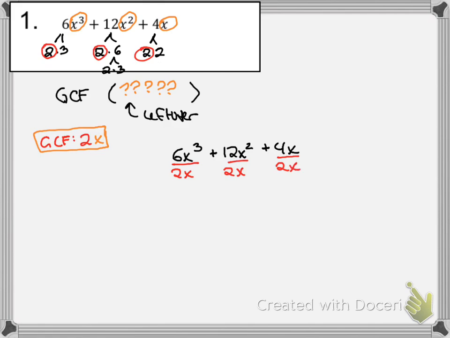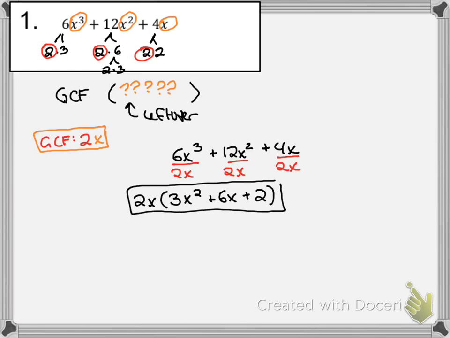So 6 divided by 2 is 3. X cubed divided by x is x squared. This is 6x, and this is 2. So this is our final answer. Again, this is our GCF, and what's inside of the parentheses is what is left over.